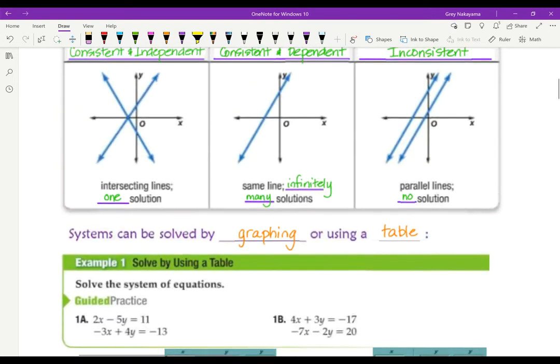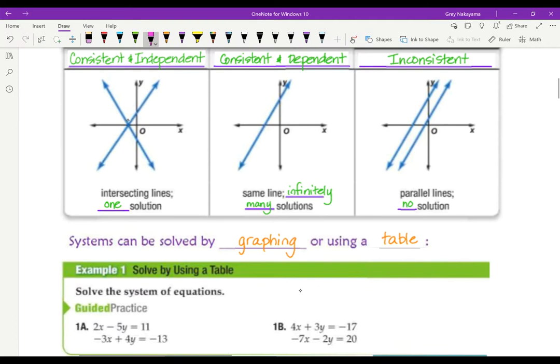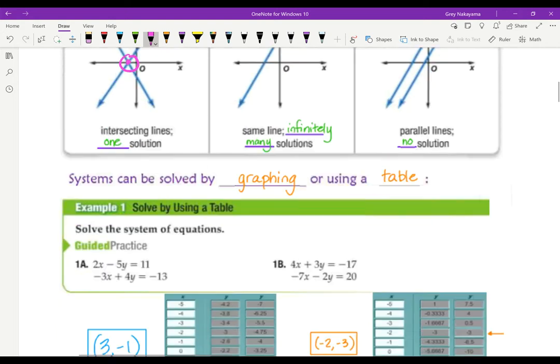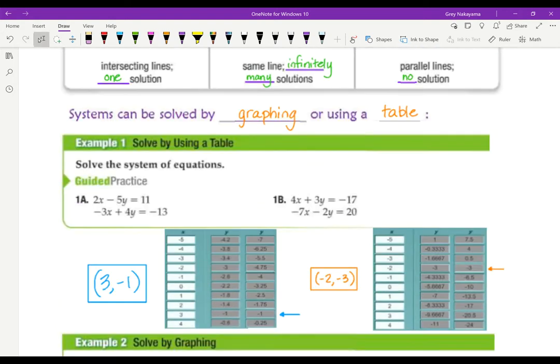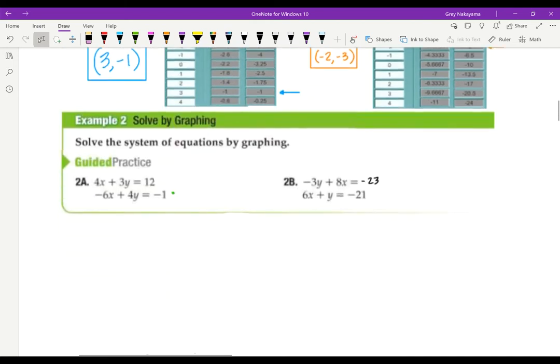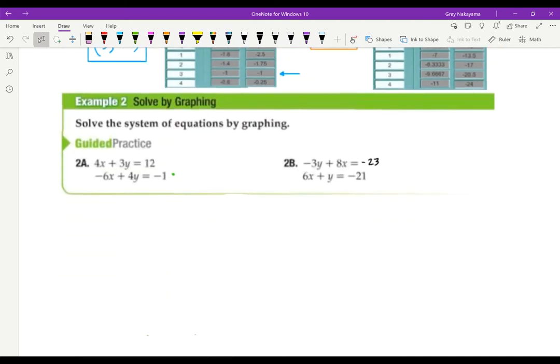When you look back up at this picture, our answer is a point. So the solution to our problem is an ordered pair, and you have to have parentheses around those numbers to let everybody know that it's an ordered pair.